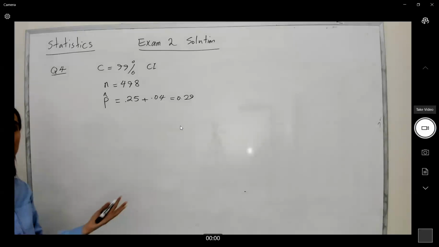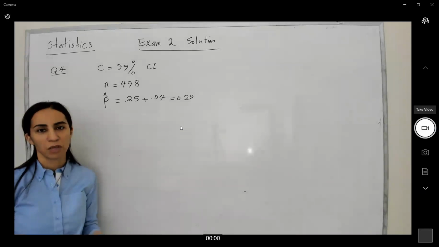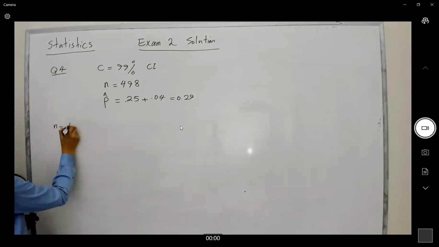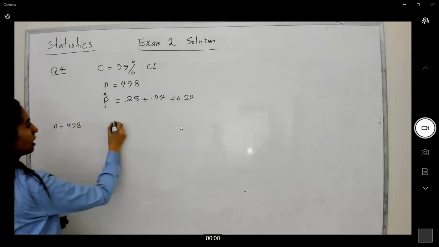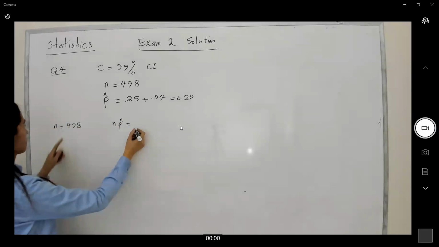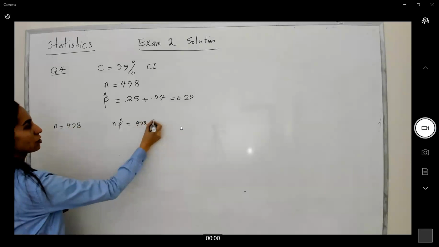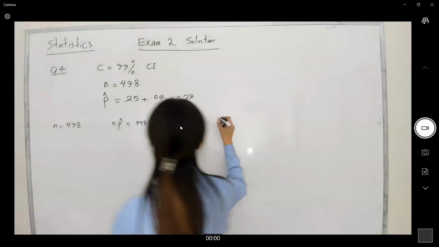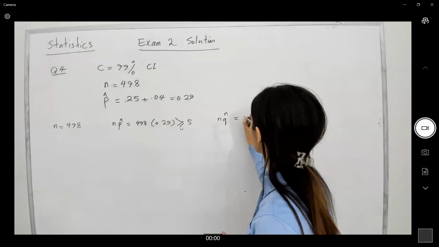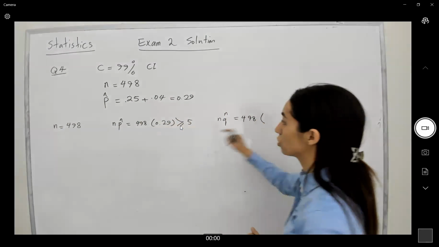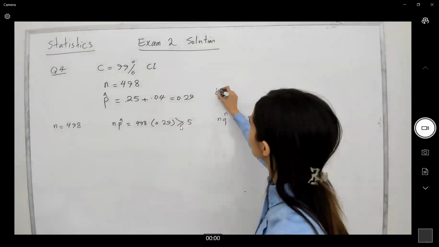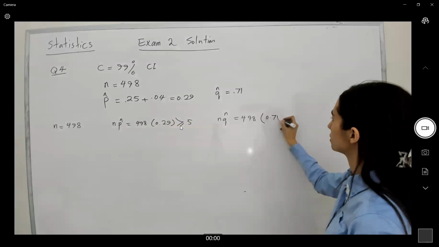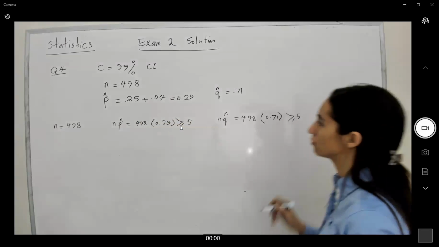So how do we construct our confidence interval? We have to follow our steps. N is 498 and P hat is 0.29, so N times P hat, 498 times 0.29, is greater than or equal to 5, and Q hat is 71%, so 498 times 0.71 is greater than or equal to 5.